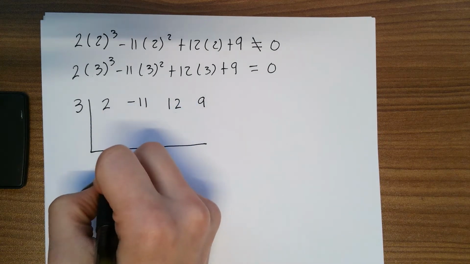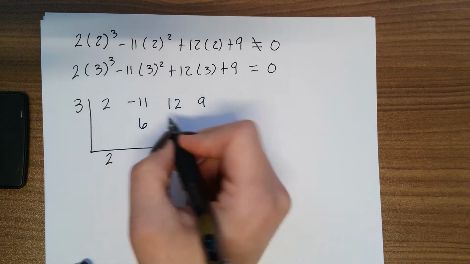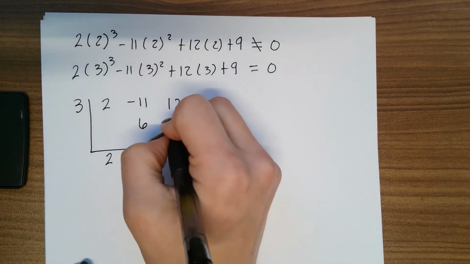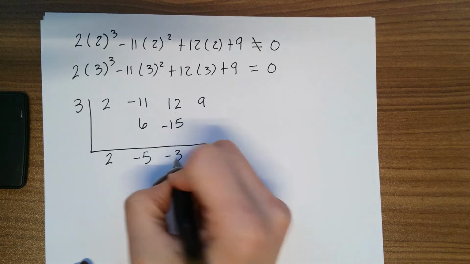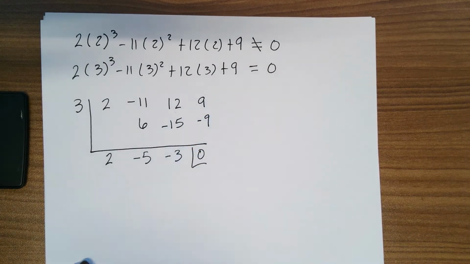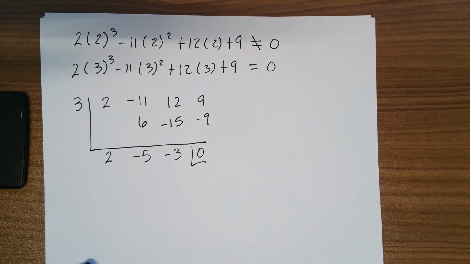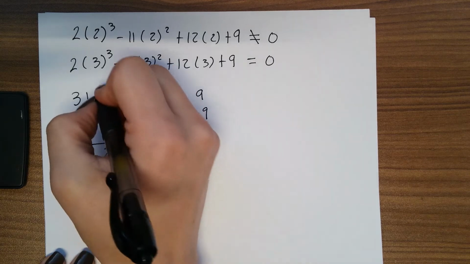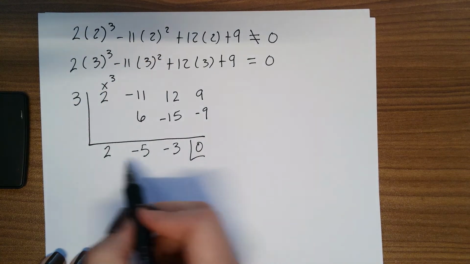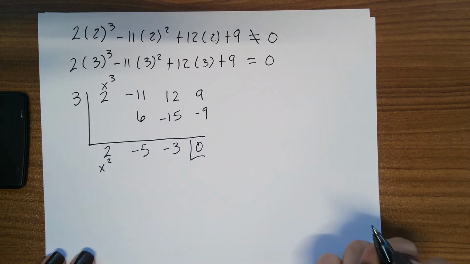Bring down the 2, multiply, and add, multiply, and add, multiply, and add, and again, I get 0, which I should because we know that 3 is a root. And so I started with x to the 3rd power. So doing synthetic division has reduced it down to x squared.